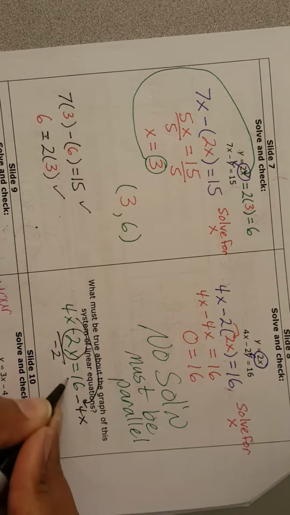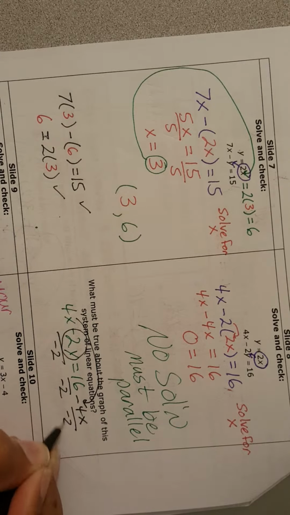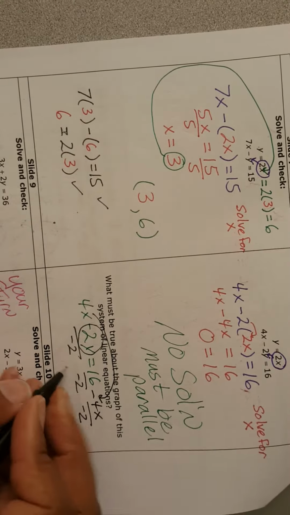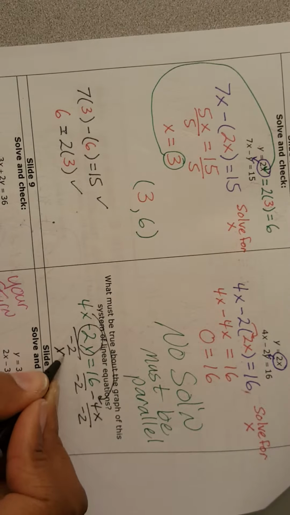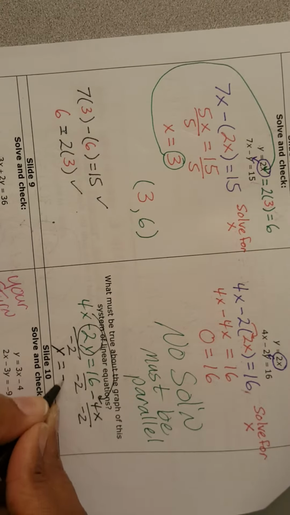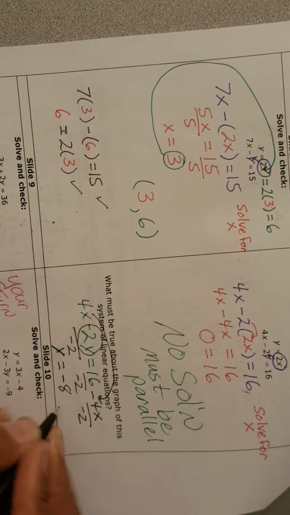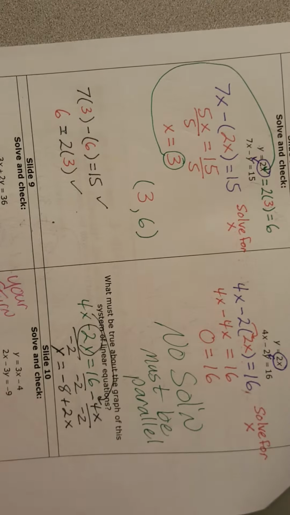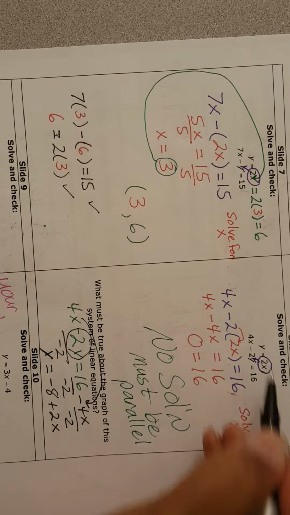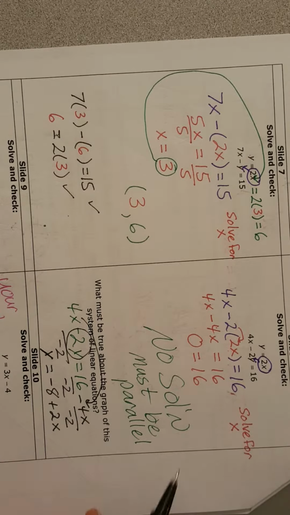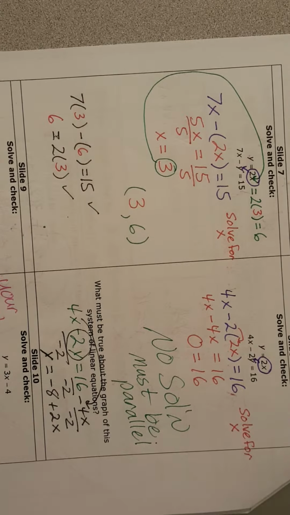Last step, divide everything by -2. When we do that, we get y equals -8. Negative divided by negative is a positive 2x. Because my slopes are the same, that is why they are parallel.